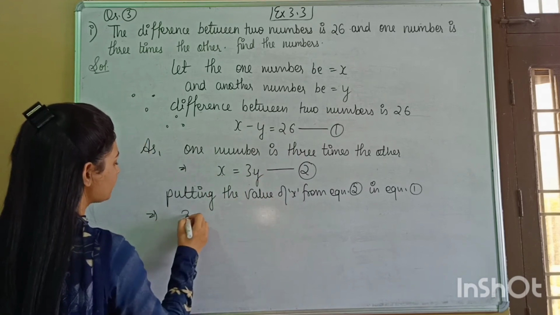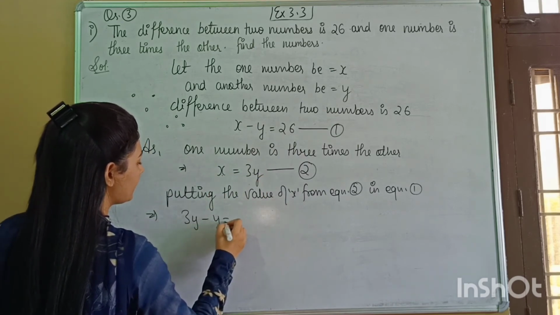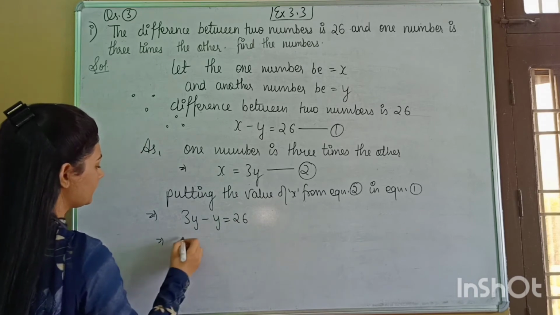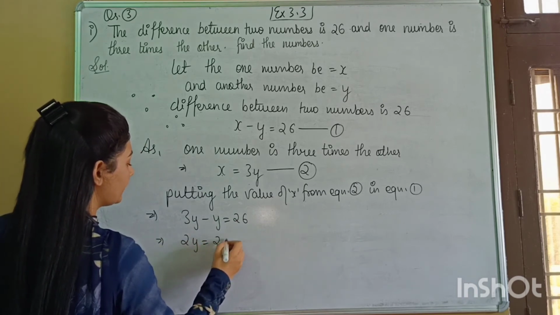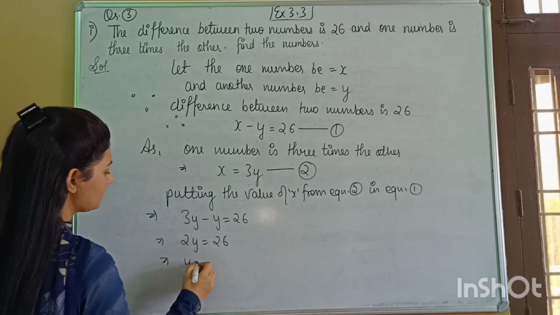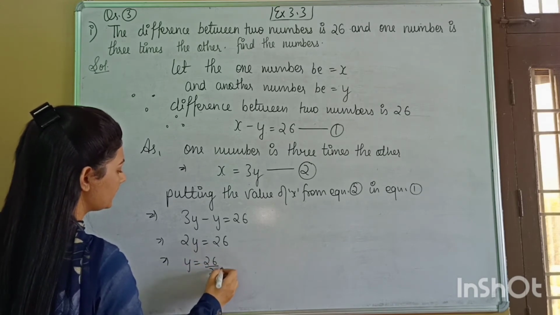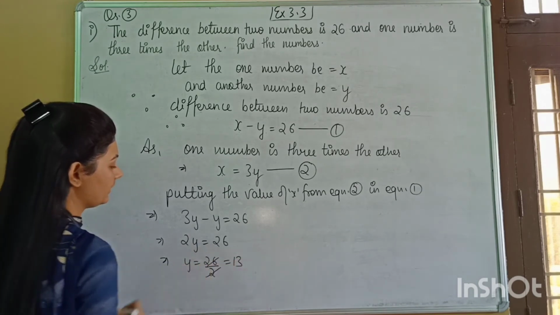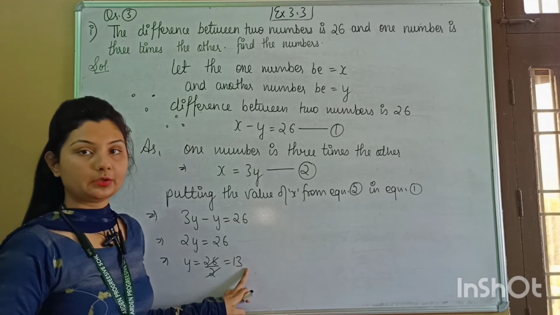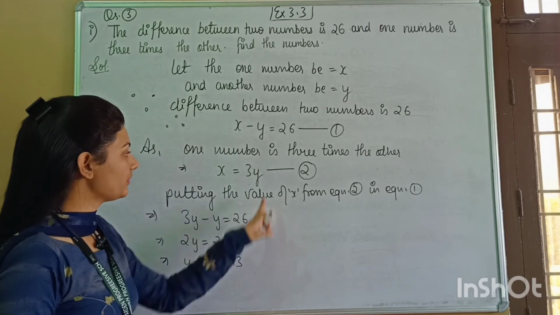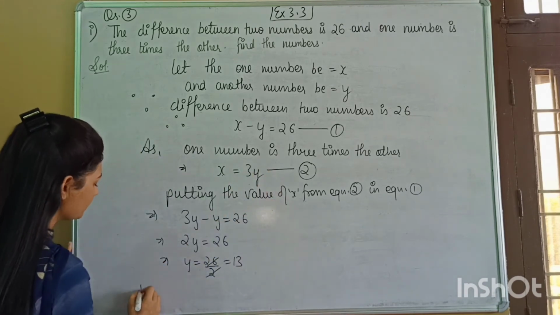In the place of x we write 3y, so 3y minus y is equal to 26. That is 2y is equal to 26. So y is equal to 26 by 2. Cancelling this, we get 13. It means one number is 13 here. Now for finding the other number, we will put this value of y in equation 2.